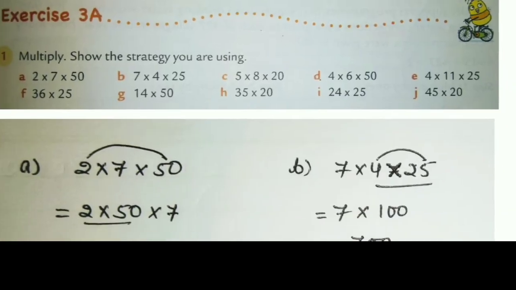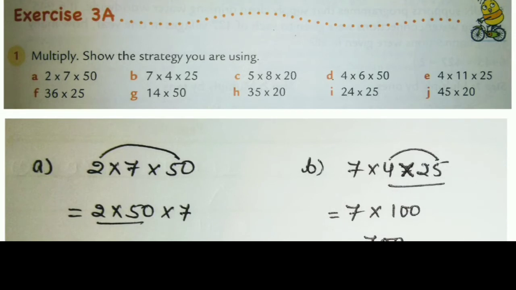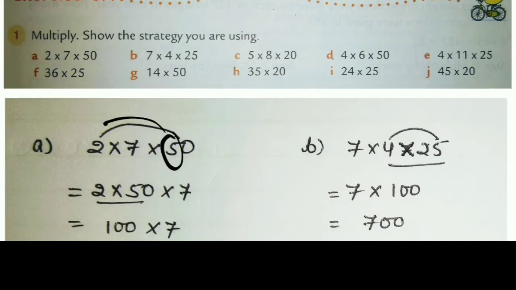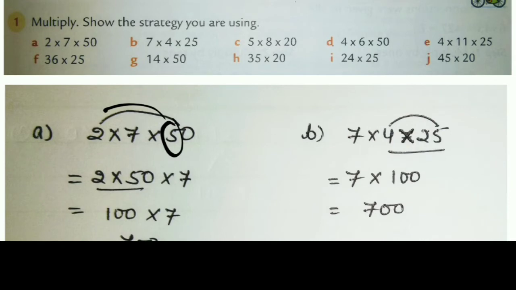Let's start our exercise. Exercise 3A. Multiply. Show the strategy you are using. Question A. 2 multiplied by 7 multiplied by 50. So we can solve by an easy method.